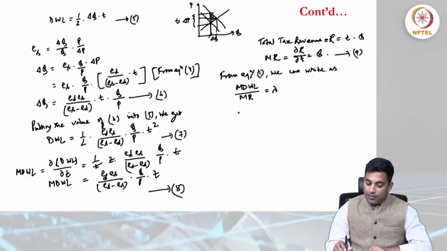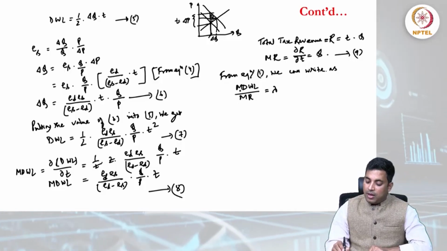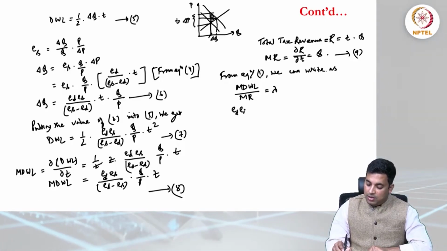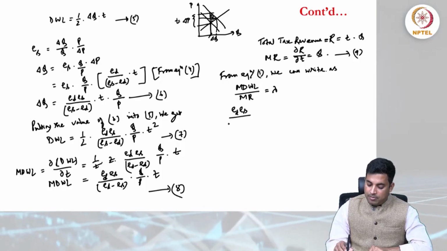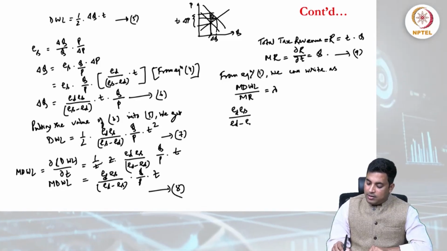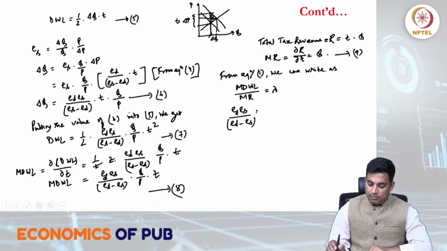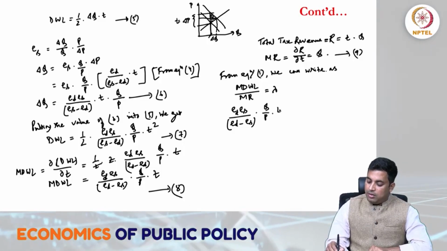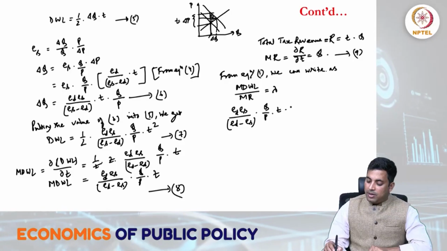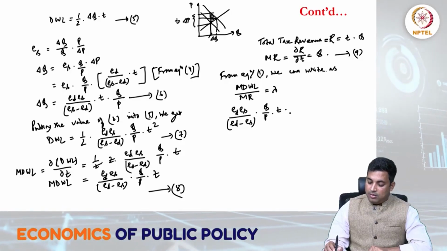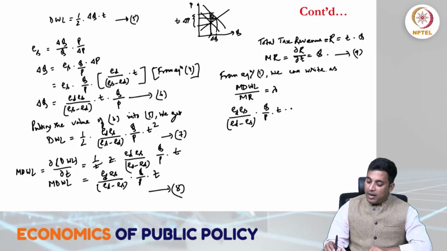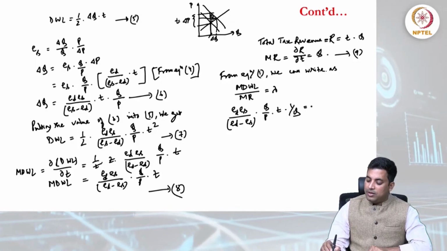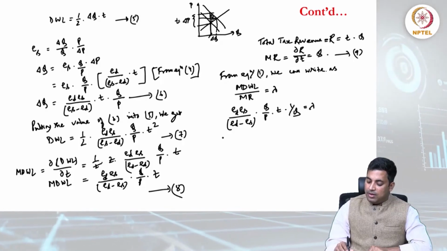We already know the value of the marginal deadweight loss from equation 8, which is E_D E_S by E_D minus E_S multiplied by Q by P, T, multiplied by 1 by Q, because that is the value of marginal revenue, equals lambda.